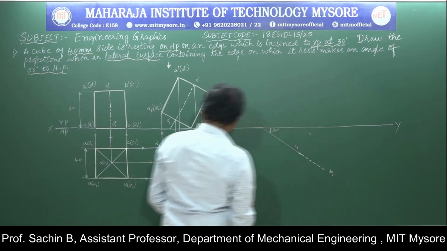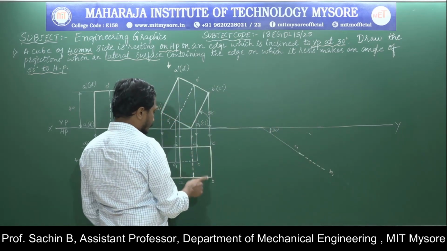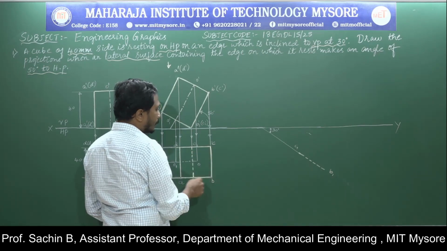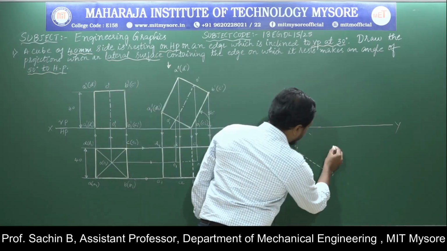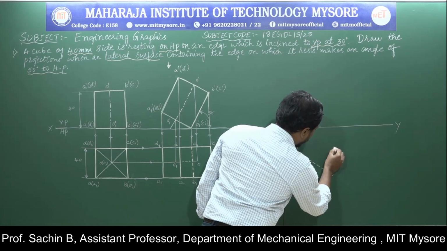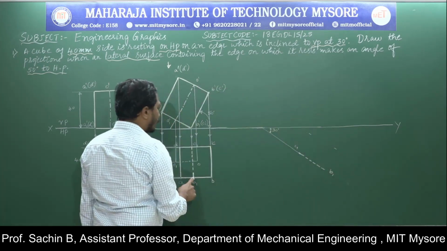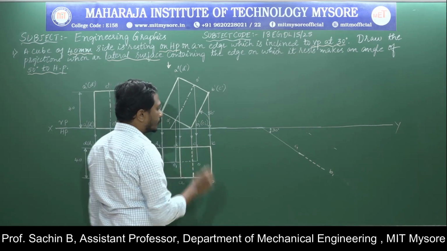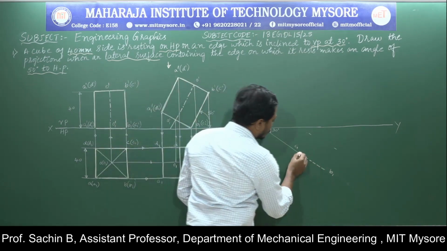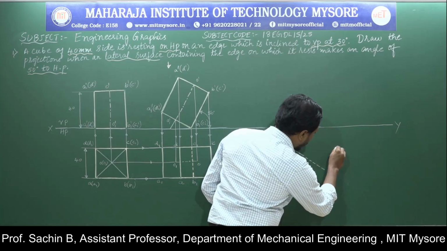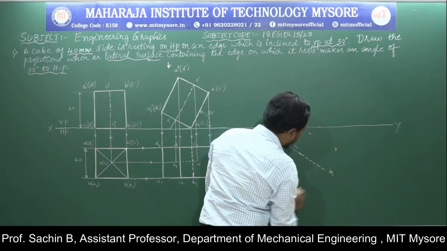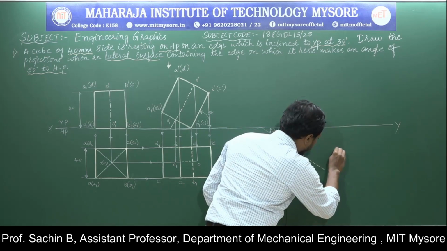Next, I will measure from B1 to B. The length remains the same, so one measurement is enough. Now I will go for the diagonal measurement, from B1 to C or from C1 to B. From C1 I will cut one arc, and again from B1 another arc. Now I will go for joining it.